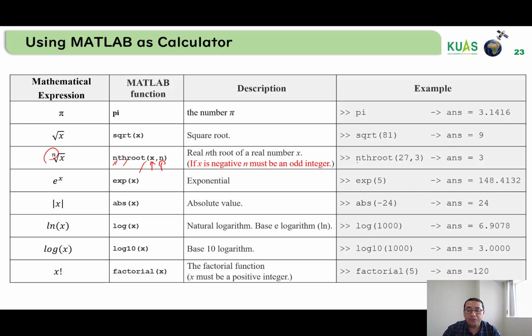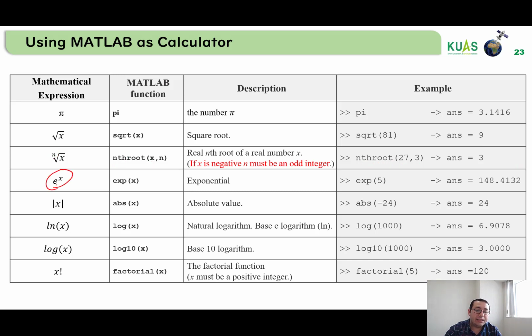For example, if I write nthroot of 27 and the root number is 3, that is, what is the 3rd root of 27? The answer will be 3. And this is just a note: if x is negative, this root should be an odd integer, not an even integer.